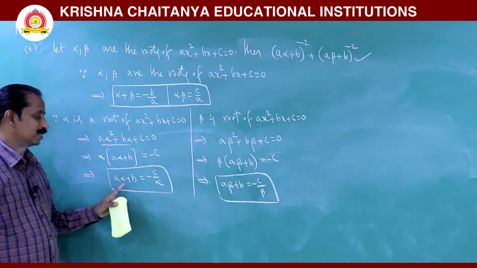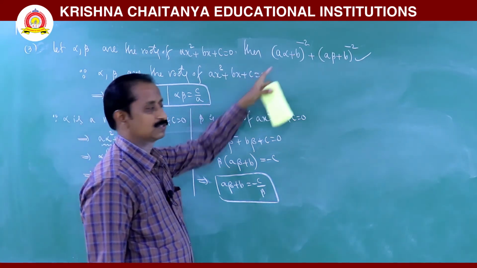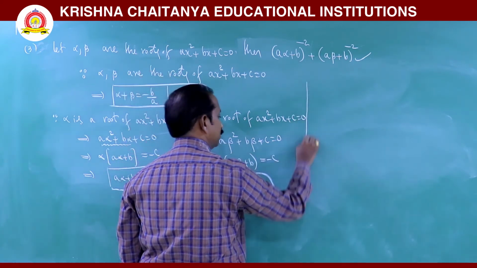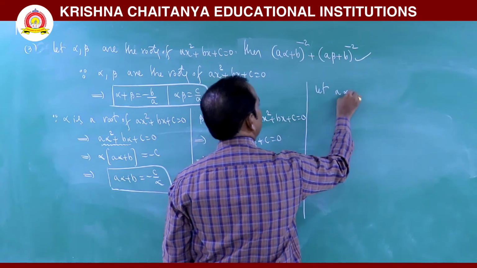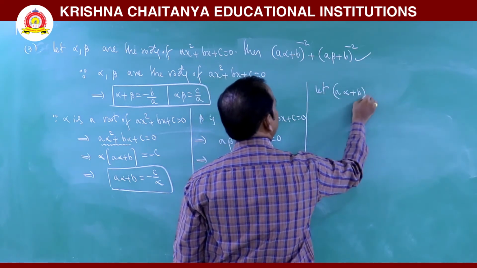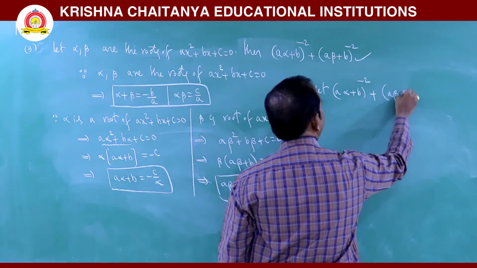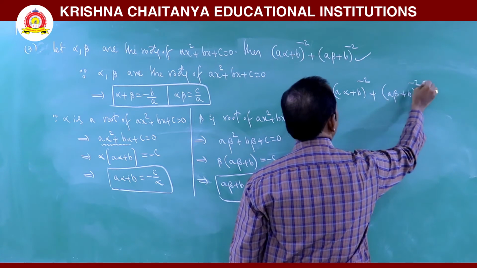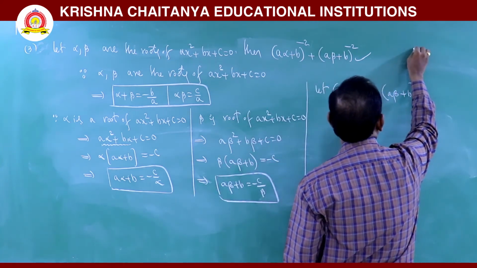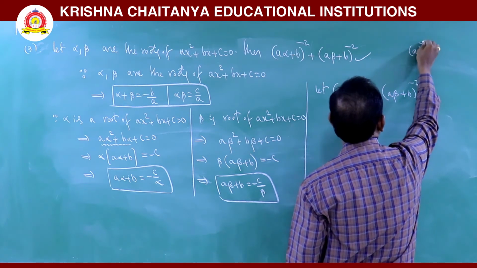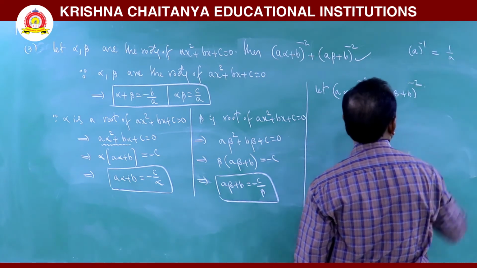But we don't want a alpha plus b and a beta plus b themselves. We want this value. So for this problem we can consider (a alpha plus b) whole to the power of minus 2 plus (a beta plus b) whole to the power of minus 2. Now we know that a to the power of minus 1 can be written as 1 by a.